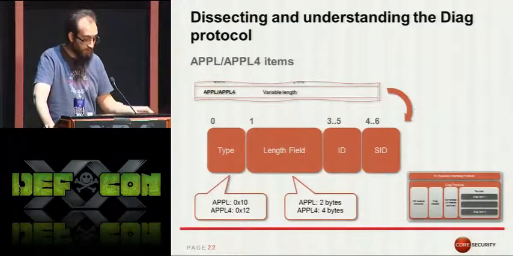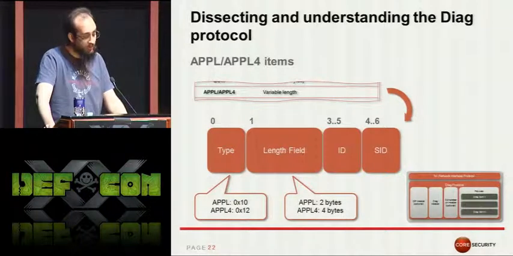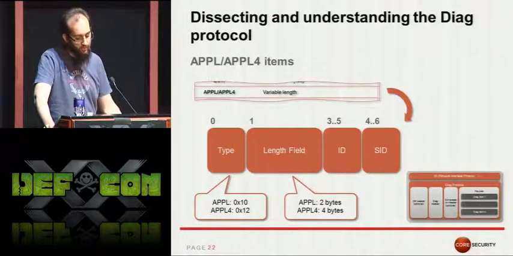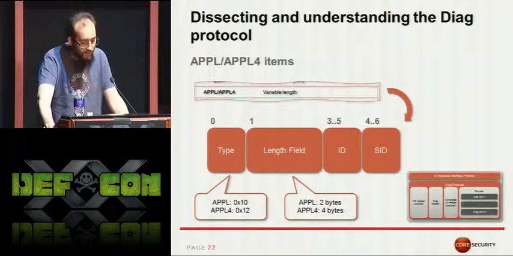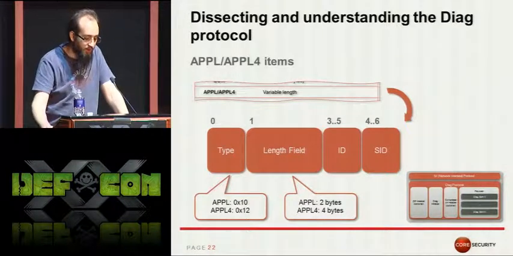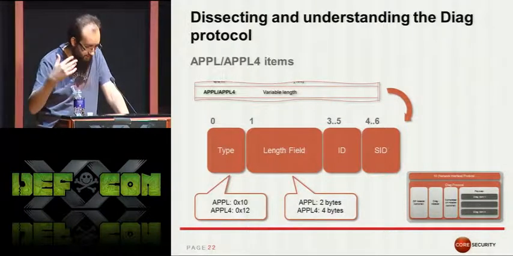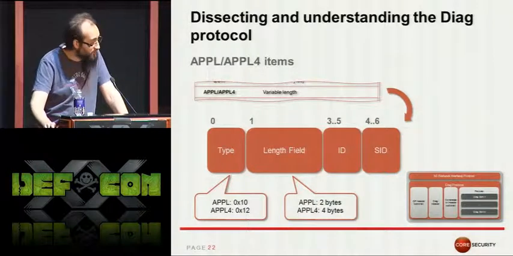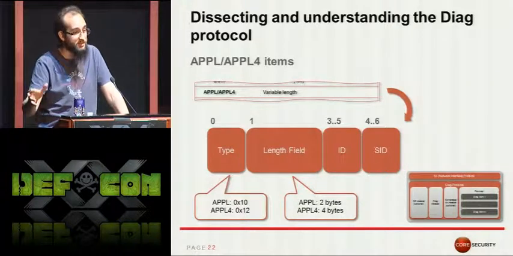The first field is the type, which denotes if it is an APPL or APPL4 item. Then you have a length field, which can be 2 bytes or 4 bytes. And then you have 2 additional identifiers, an ID and SID. During my test, I identified 172 different combinations of IDs and SIDs.